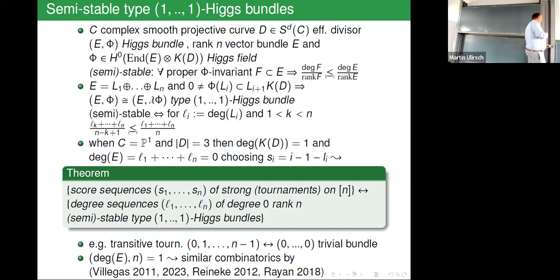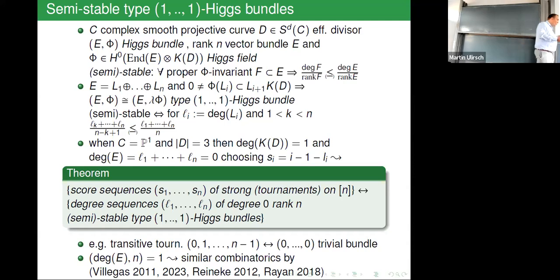For example, people were usually studying the coprime case, where the degree of the bundle was coprime. In that case, you can also count this type 1 Higgs bundles, and then you find a similar, or a different kind of combinatorics. And this one, many people have been collaborating on, and now that's something very recent.